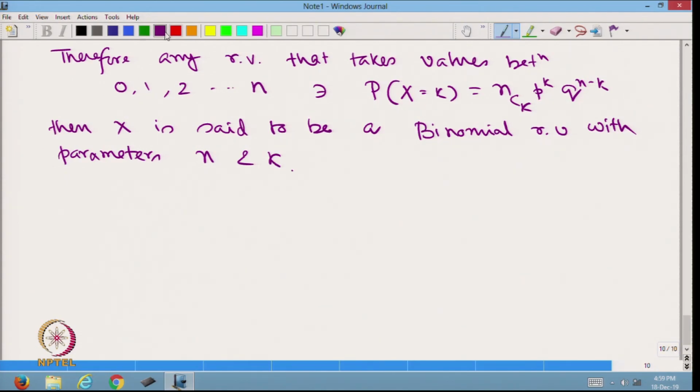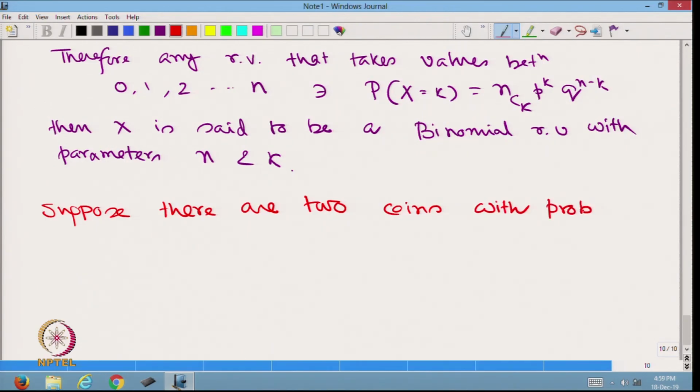Now, suppose there are two coins with probability of getting a head is equal to P for both of them.